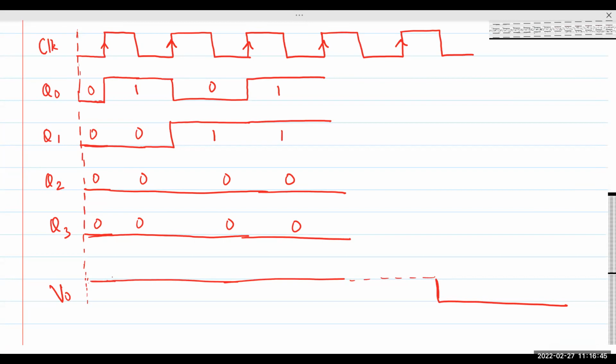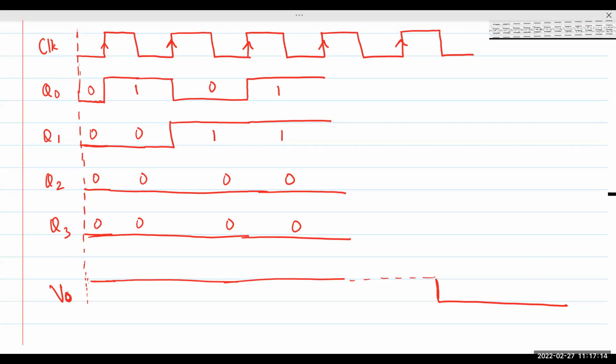So by changing the width of the pulse that is coming out, basically V out, we can change the speed of rotation of the DC motor. And the way we change the width of the pulse is by using a counter and comparing the numbers with a preset determined number.